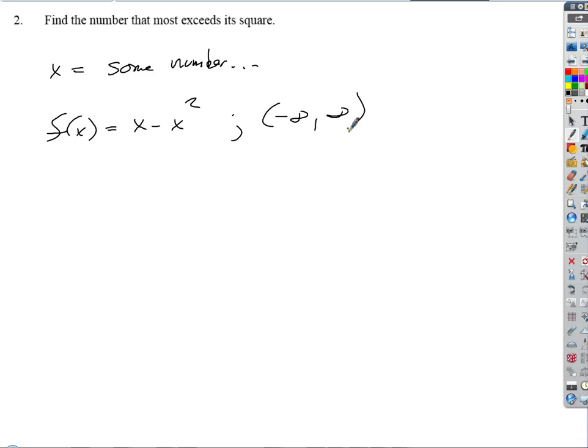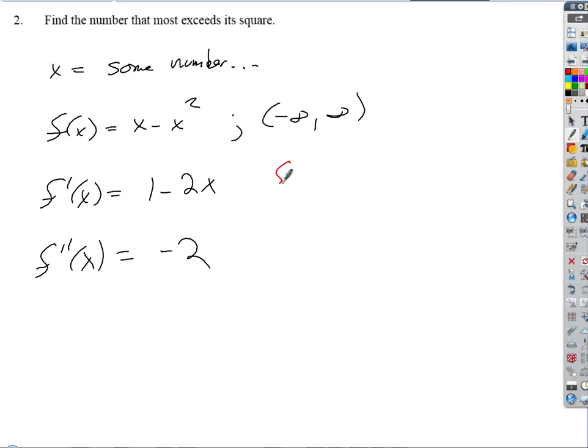So what about here? What do I do? Take a derivative. What do I get? Okay, and while we're at it, f double prime is? So it's always negative, right? And we know that f prime equals 0 when x equals 1/2.